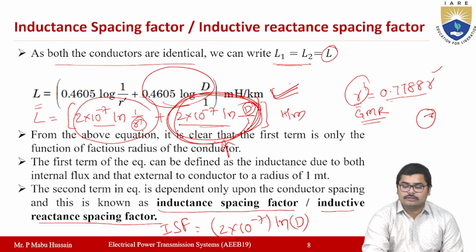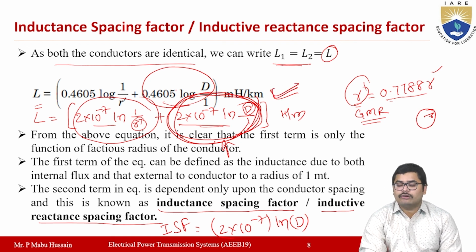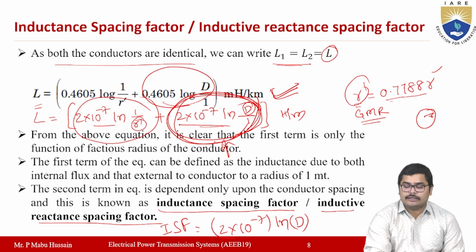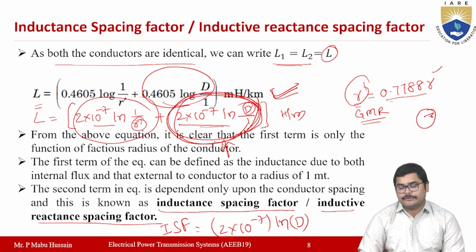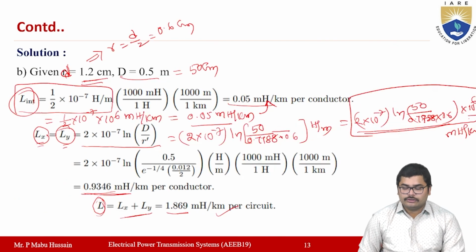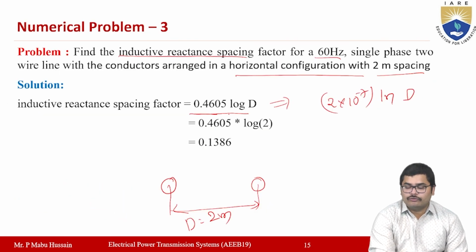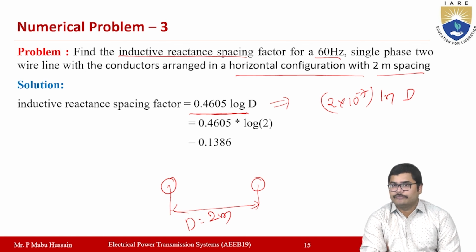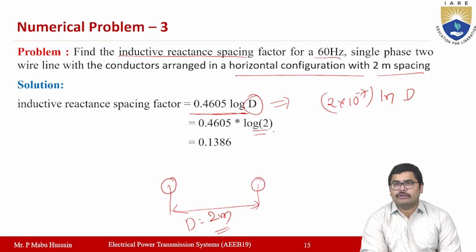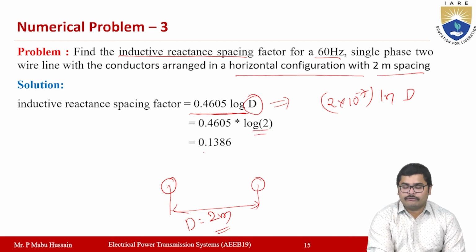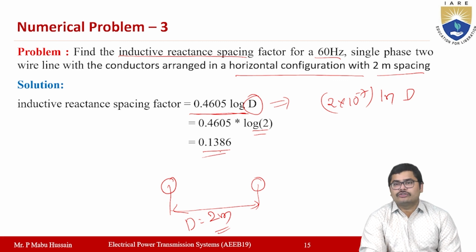If you consider the first one, the value will be 0.4605 log D, and if you consider the second equation, it will be 2 into 10 power minus 7 log D. Here they are taking 0.4605 in terms of log D. The D value is given here to be 2 meters. If you substitute, you get 0.4605 into log 2. So the value of the inductive reactance spacing factor is 0.1386. Like that, you can calculate the inductive reactance spacing factor of a transmission line.